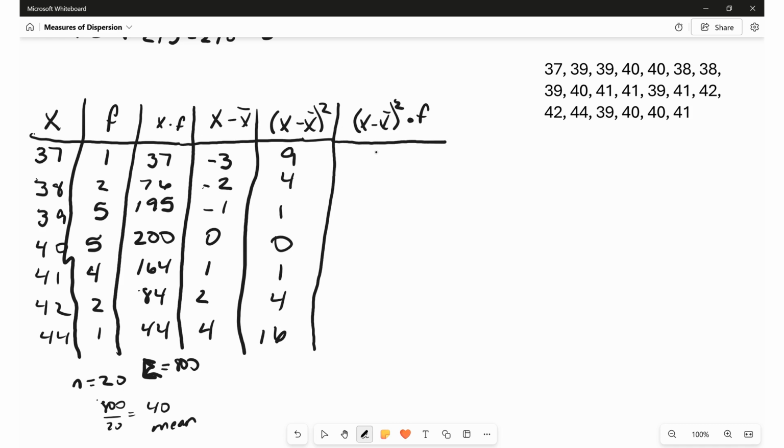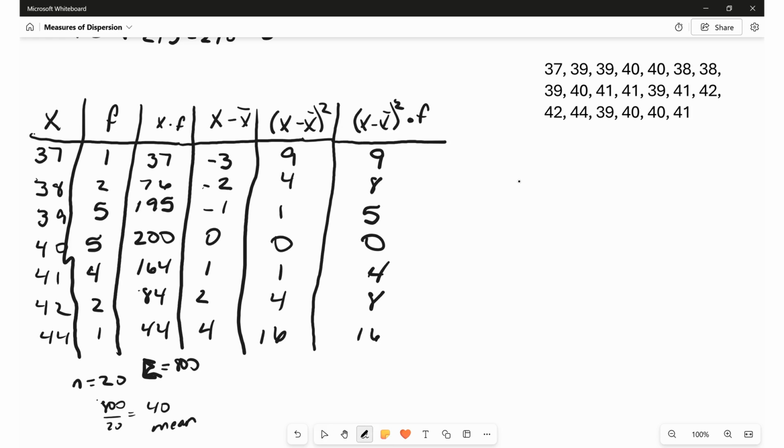So the first one is going to be 9 times 1, 4 times 2, 1 times 5, 0 times 5, 1 times 4, 4 times 2, and 16 times 1.